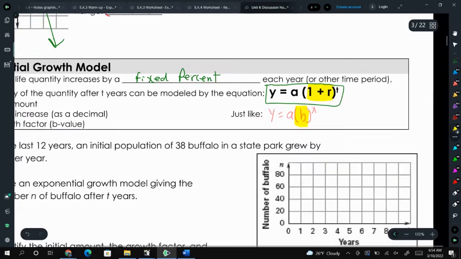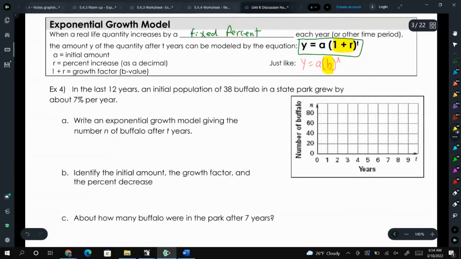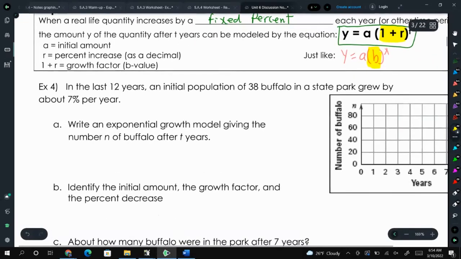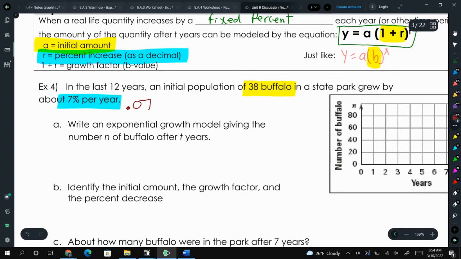Okay. So let's look at this word problem down here. It says, in the last 12 years, an initial population of 38 buffalo in a state park grew by about 7% each year. So 38 buffalo, that's our initial amount. The r value is our growth rate, but 7% as a decimal is 0.07.